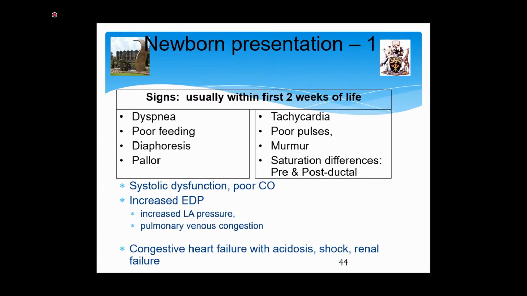The heart will have systolic dysfunction with poor cardiac output, and you have increased end diastolic pressure, leading to increased left atrial pressure and pulmonary respiratory distress. And they will end up with heart failure, with acidosis, shock, and renal failure because of poor blood flow to the kidneys.